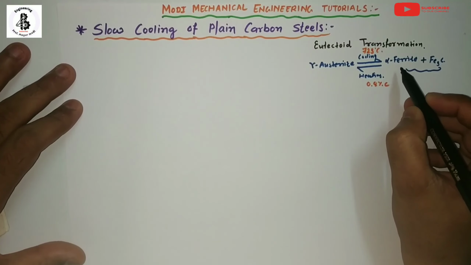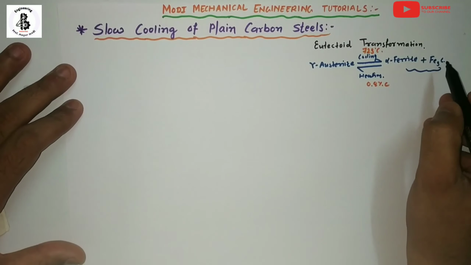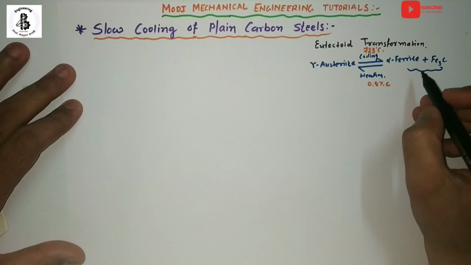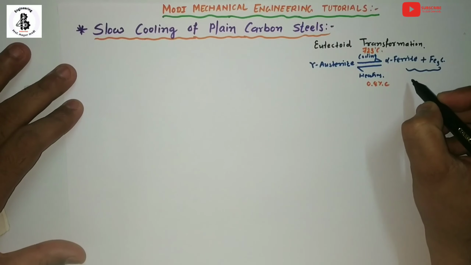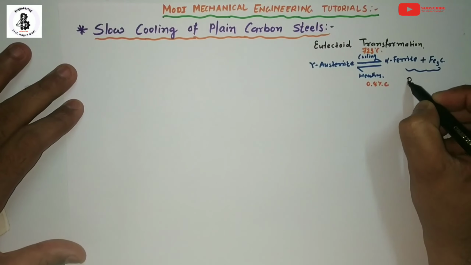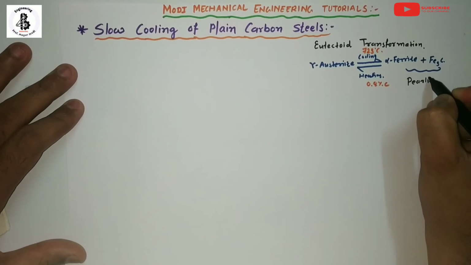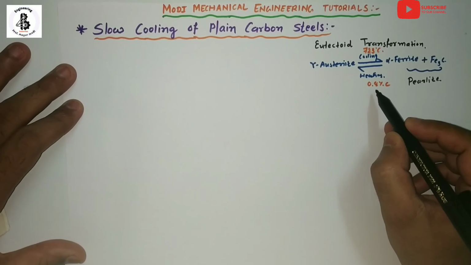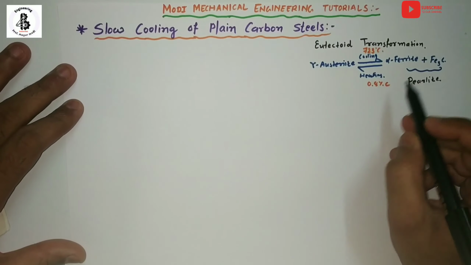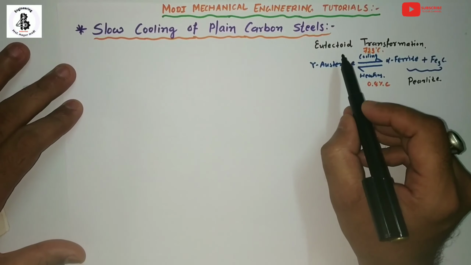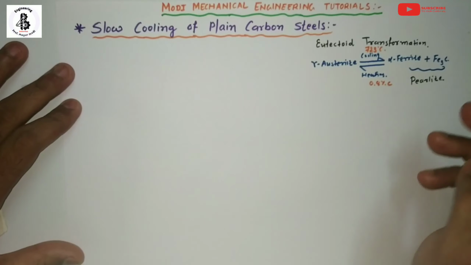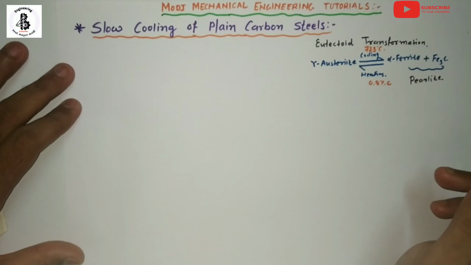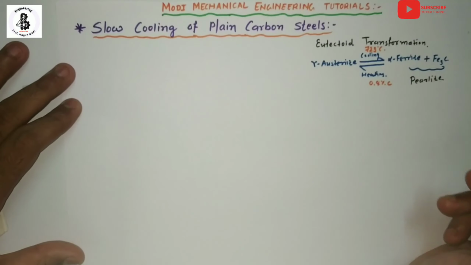This mixture of alpha ferrite plus cementite at 0.8% carbon makes a proper mixture, and that is known as pearlite. Pearlite is only found at 0.8% carbon, or at the eutectoid transformation. Now let's see the eutectoid transformation in the iron carbon diagram.